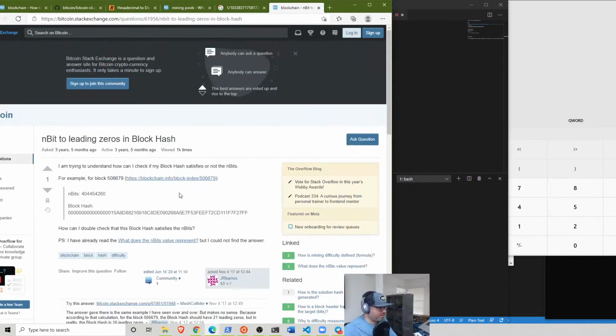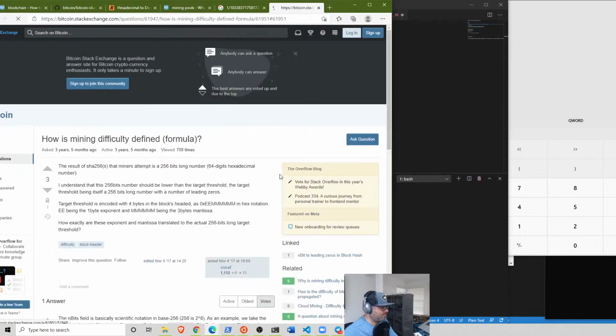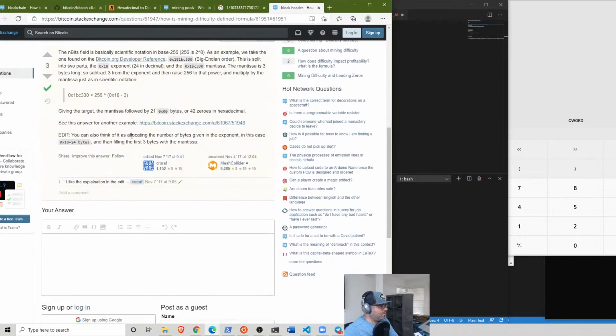God, nobody gives a straight answer. It's kind of sickening. Here we go. The nBits field is basically scientific notation in base 256. The example will take the one found in the Bitcoin developer reference, big endian order. This is split into two parts. 0xa exponent, 24 decimal. Given the target, mantissa followed by 21 zeros or 42 zeros in hex.